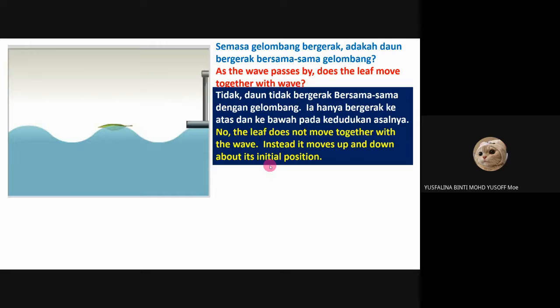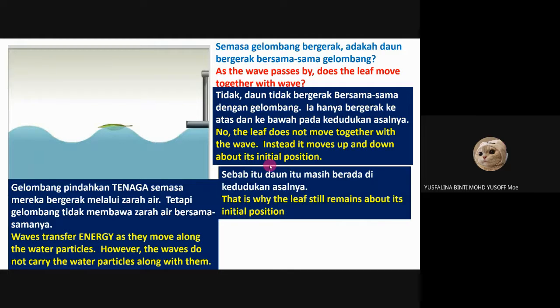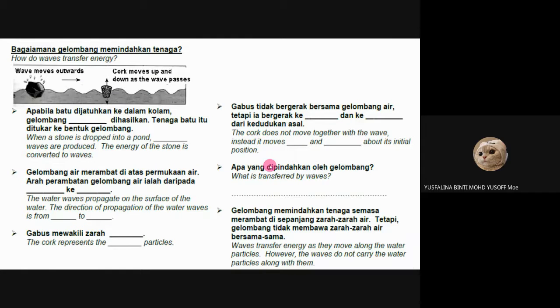It only moves up and down and is still at its initial position. So this means the wave transfers energy as it moves along the water particles. However, the wave does not carry the water particles along with it. That is why the leaf remains at its initial position. So waves transfer energy without transferring matter. Only the energy is being transferred.